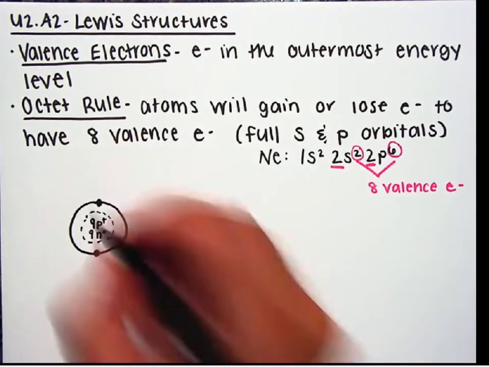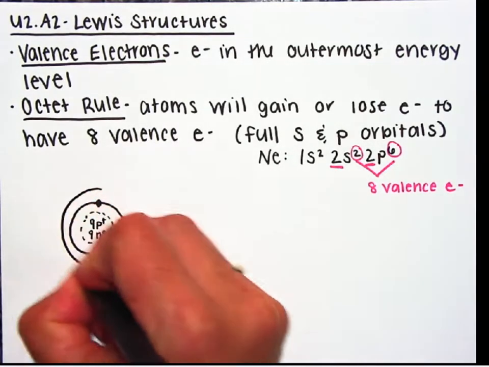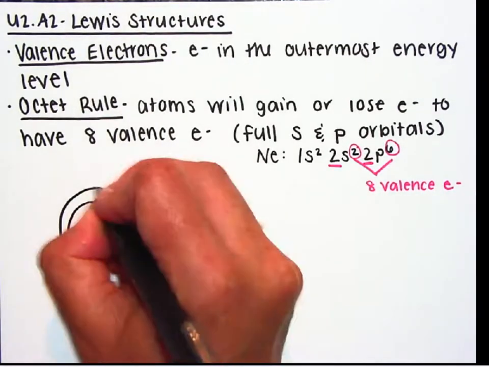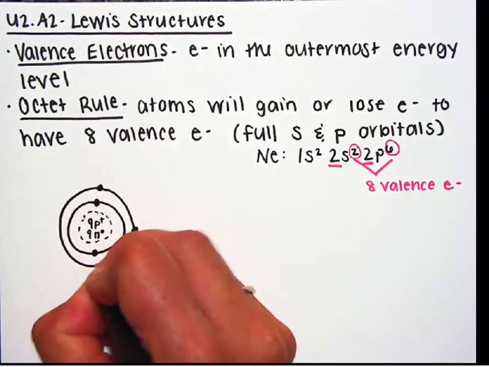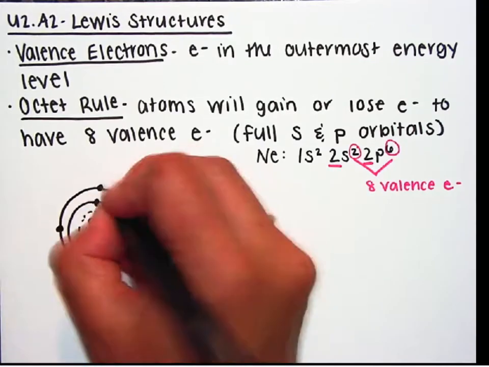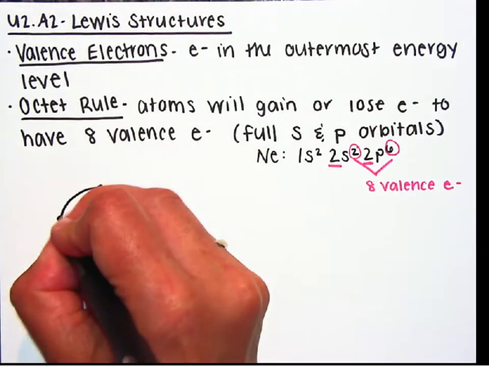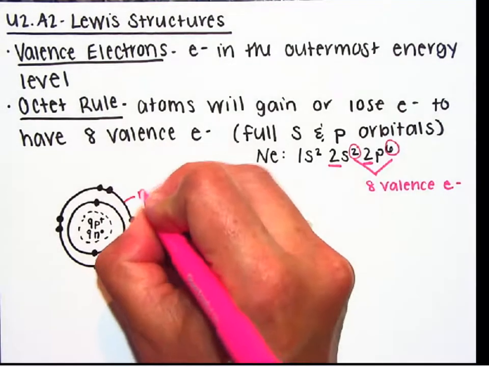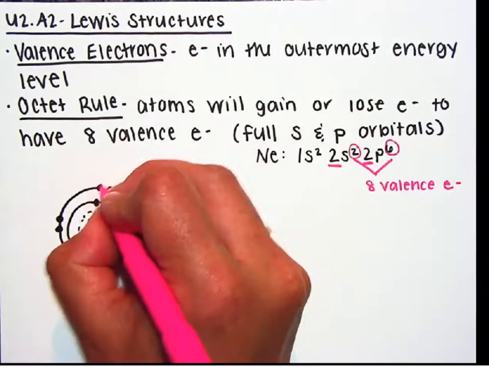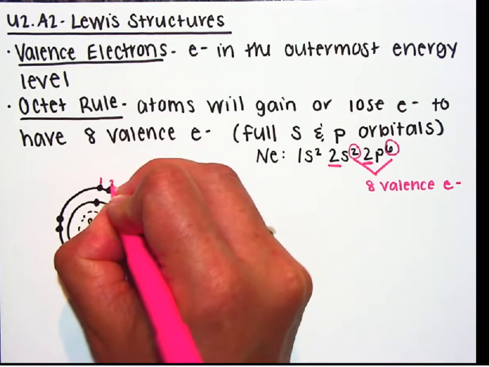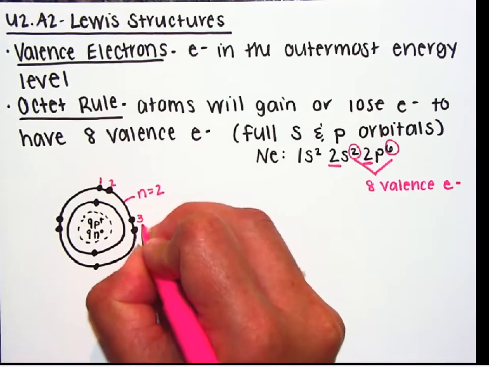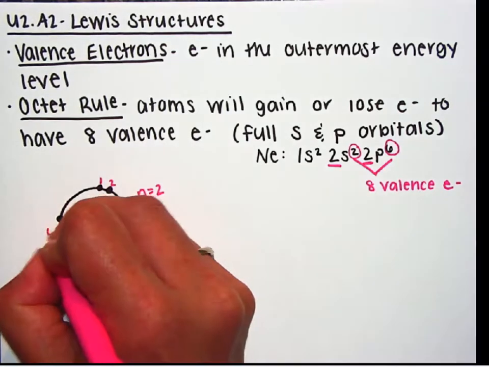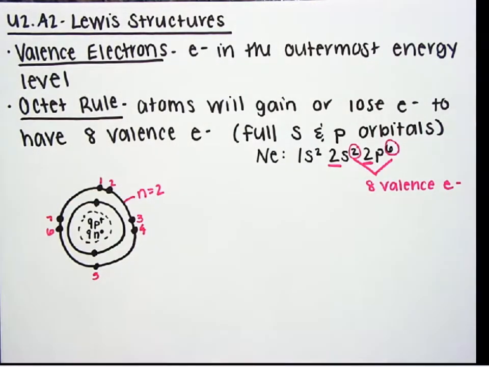We know the first energy level can hold 2 electrons, 3, 4, 5, 6, 7, 8, 9. So again, valence electrons are in the outermost energy level. For fluorine, it would be the second energy level, and there are 1, 2, 3, 4, 5, 6, 7.